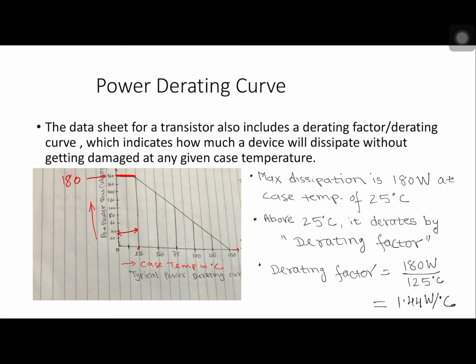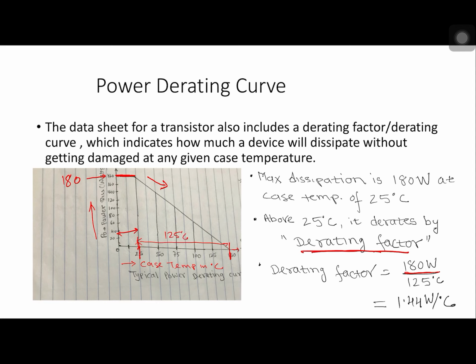Beyond 25 degrees, this curve derates, and that decrease is controlled by the derating factor. The derating factor is calculated as 180, that is maximum power dissipation, divided by the difference from 150 to 25, that is this difference will give you 125 degrees Celsius.